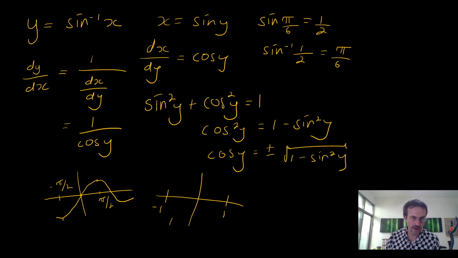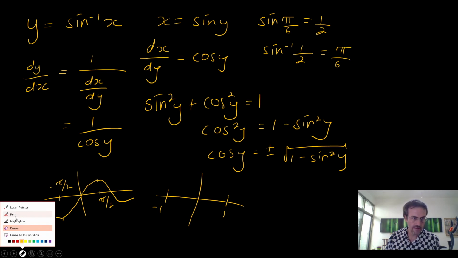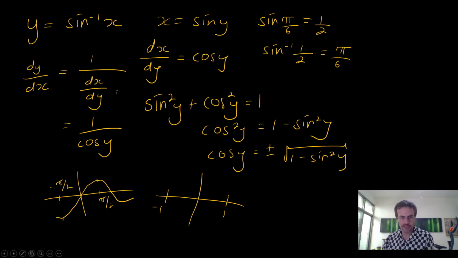This is the hardest part, me trying to draw these darn things. Come on, you can do it. More artistic flair there. So it's going to be something like this. Over here it's going to be going this way, and over here it's going to be going this way.